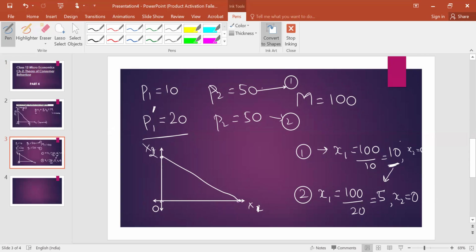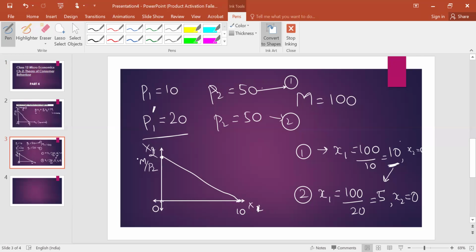Correct. Earlier it was 10 units of X1, and it is M by P2 here. Right now I'm not interested in that. I'm interested in what would happen if the price of good one is increased. So it would impact the quantity of good one, right?